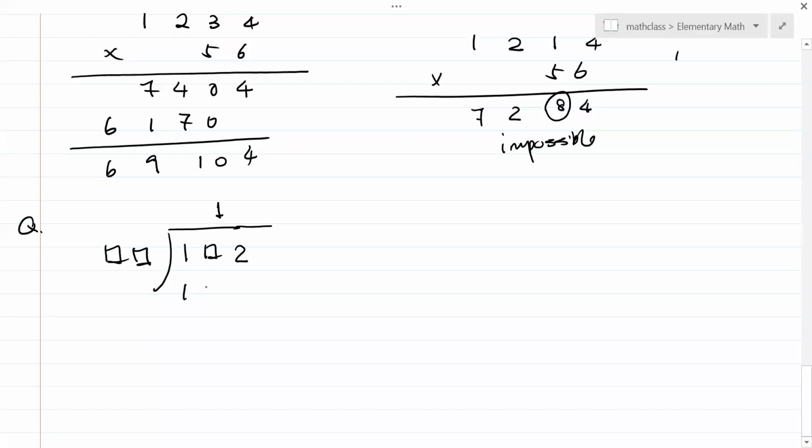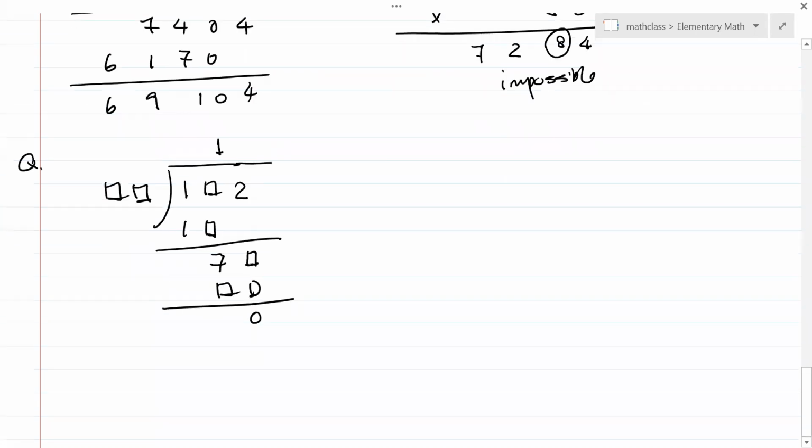So it's 1 like this, okay? So you get 7. Then you get this. So immediately you will get lots of numbers, okay? So it's a subtraction. Okay, let's see what we can get here.